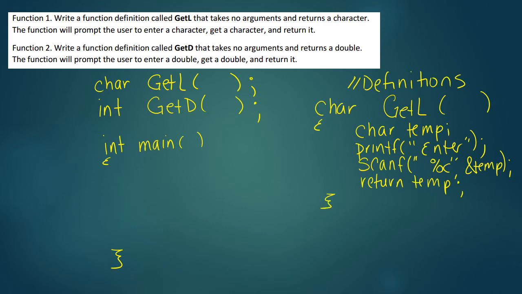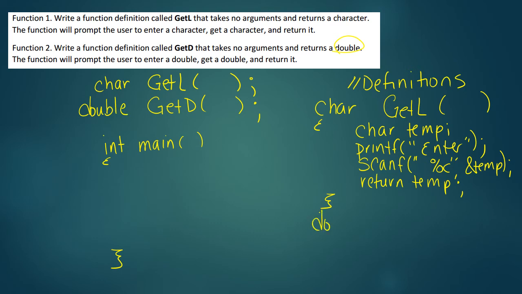Okay, now I have my integer. Oops, it's not an integer. I've already messed up and didn't read it. It says returns a double, so I need to change this. Also over here is a double return type.